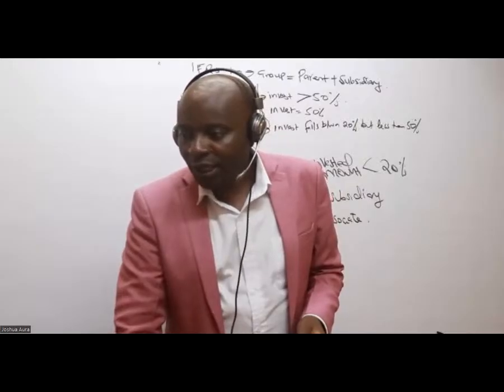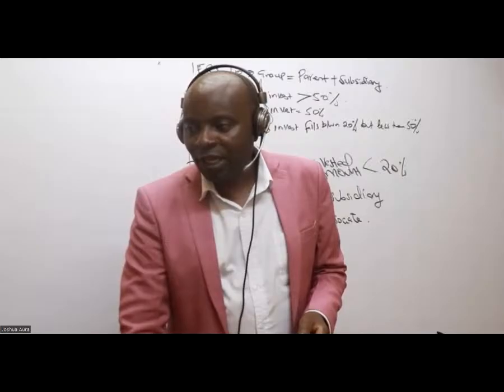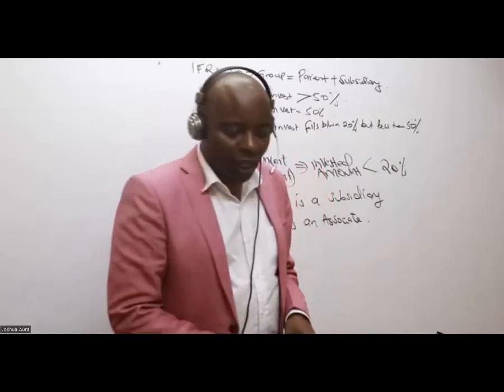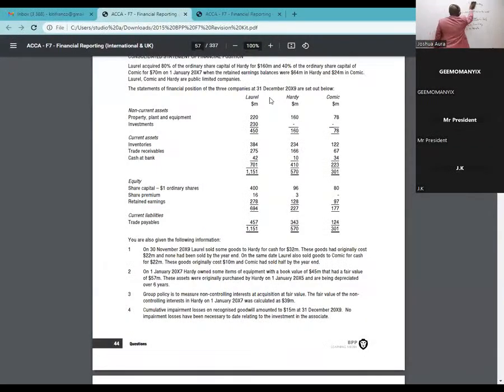So what I'll do, ladies and gentlemen, it's page number 44, Sheila. I will come and copy this. This is how I start doing this question. I'll come and write there the name of the parent. The parent is called Laurel.